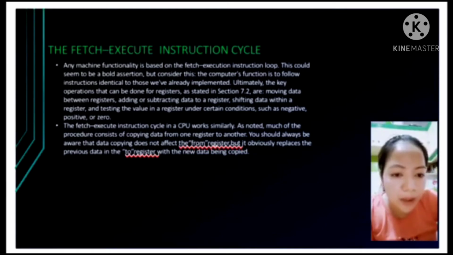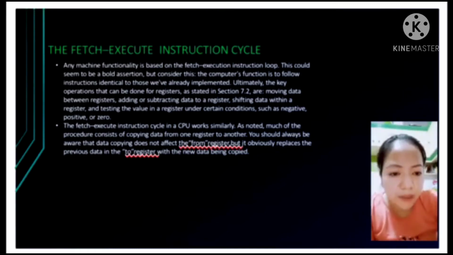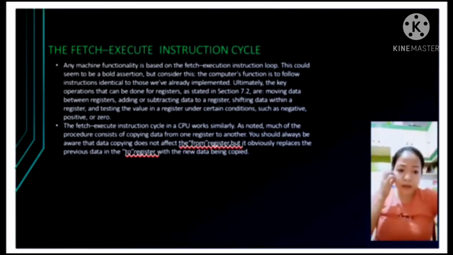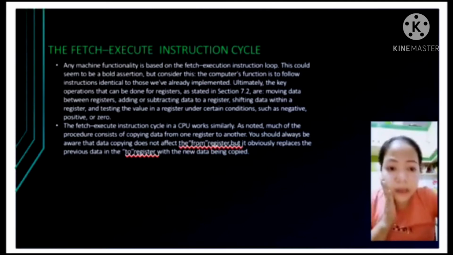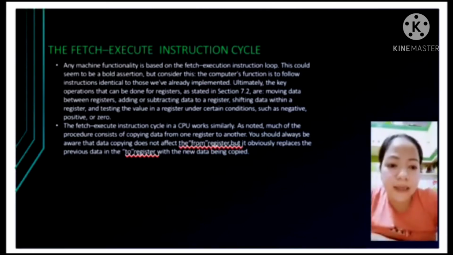The key operations that can be done on a register, as stated in section 7.2, are moving data between registers, adding and subtracting data to registers, shifting data within a register, and testing the value in a register under certain conditions such as negative, positive, or zero. The fetch-execute instruction cycle in the CPU works similarly.